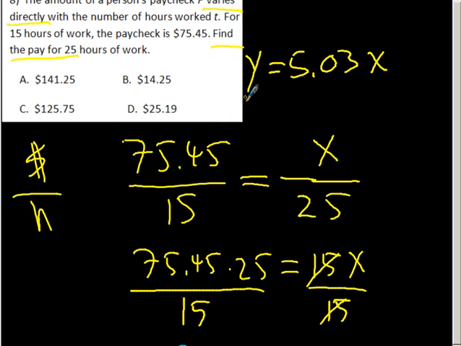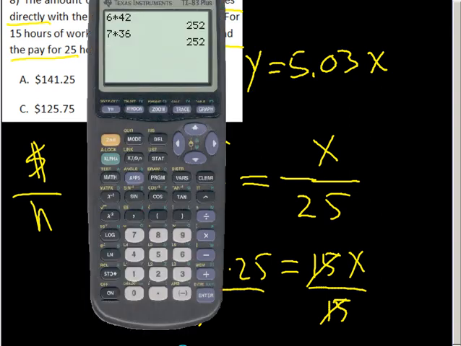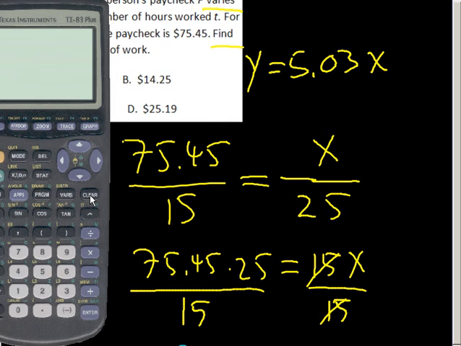Okay, so now I'm going to bring up the calculator and crunch the numbers out. I always clear my screen before I start a new question. 75.45 times 25. Order of operations says I can just go ahead and hit divide right away. 125.75.